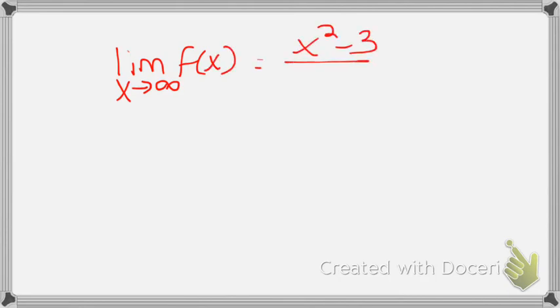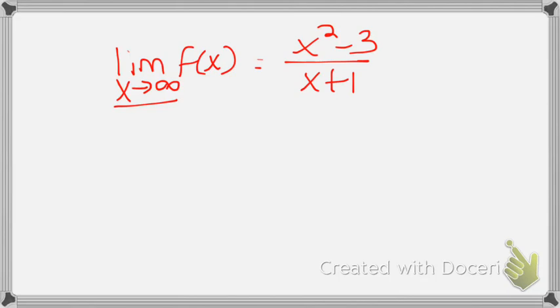Okay, so let's say you had the limit as x approaches infinity of f of x, and we had x squared minus 3 over x plus 1. So I know that there's a slant asymptote of that graph. So as I approach infinity, I know that my answer is either infinity or negative infinity. The graph's either going up or going down.